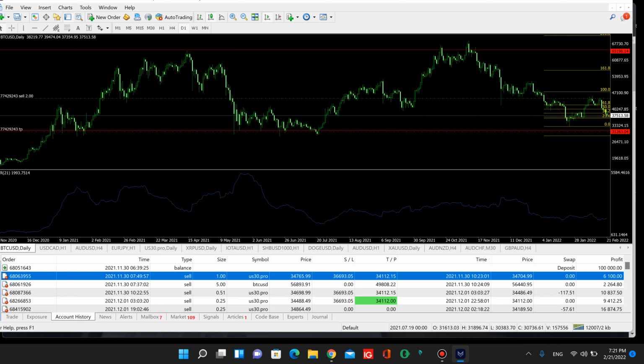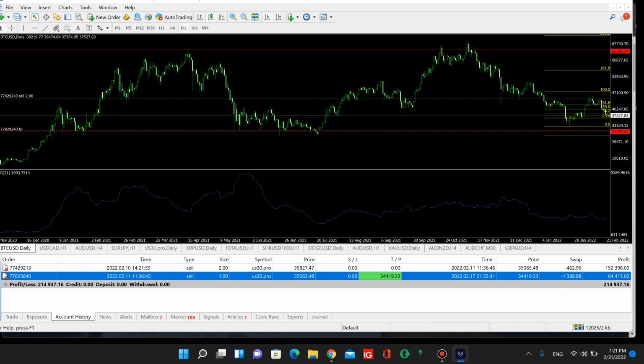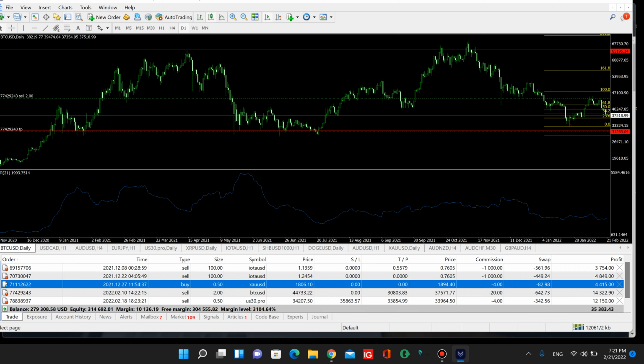You guys can all see these are the trades that I've taken up to now, and I successfully closed out on both US30 trades. And this is the reflection of it all: 214,937 profits so far since the 11th. At the time it was at 60,000, but now it's sitting up at 315,000.